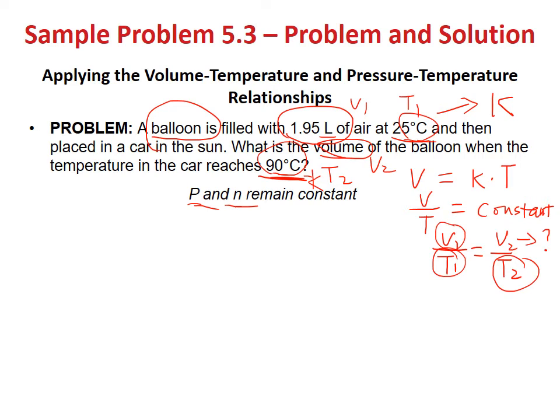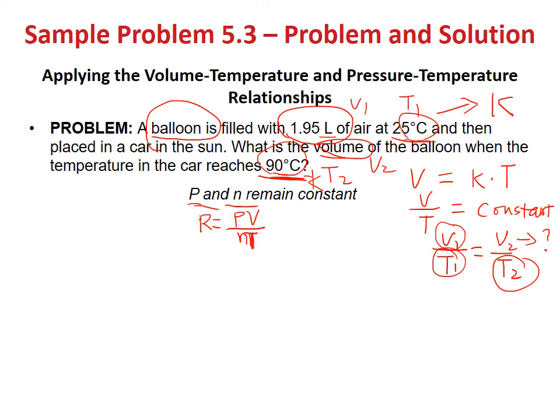Now, if you don't remember Charles's law, we can always use the ideal gas law and the combined gas law. The ideal gas law says R, a constant, equals PV divided by nT, because PV equals nRT.